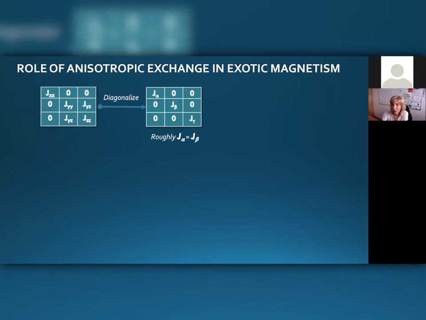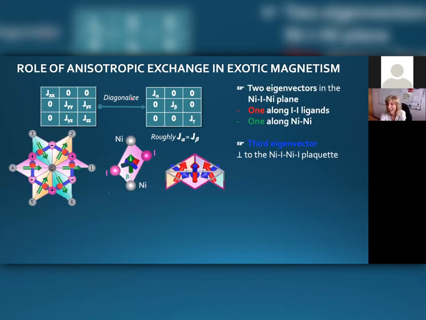I can look at the eigenvectors and see how they are aligned with respect to the physical position of the atoms. What we infer is that one of the eigenvectors points along the iodine-iodine ligand, one points along the nickel-nickel bond, and the third one is perpendicular.